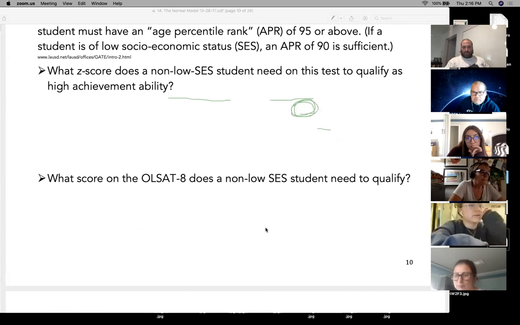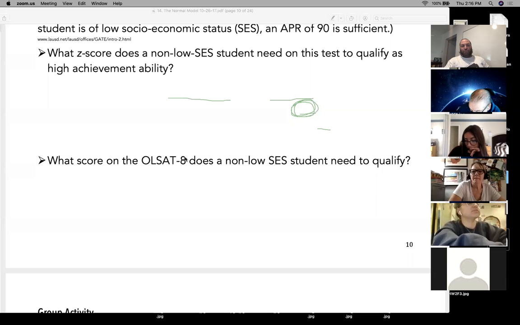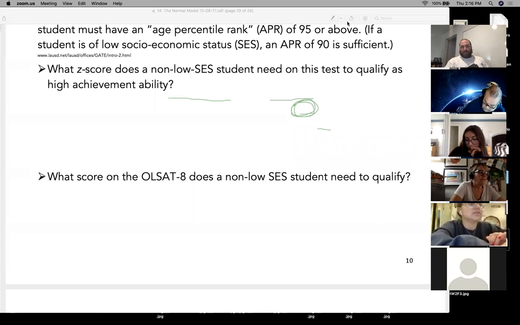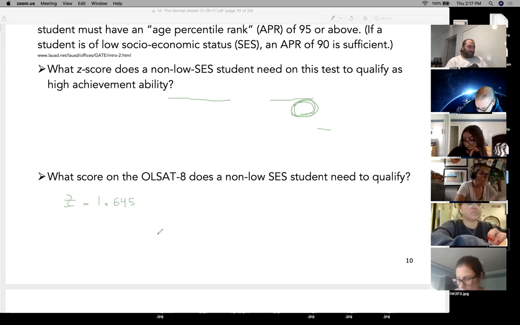And how about what score does that same person need to qualify? We've just ascertained that the Z-score is 1.645. But now the question is, what actual score does the student need to qualify? How do I figure out the actual score?